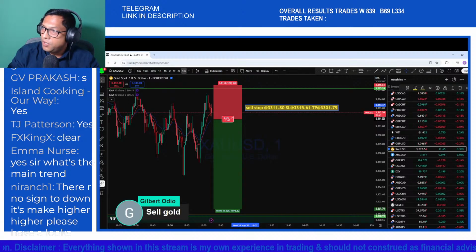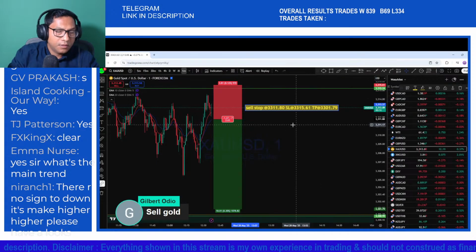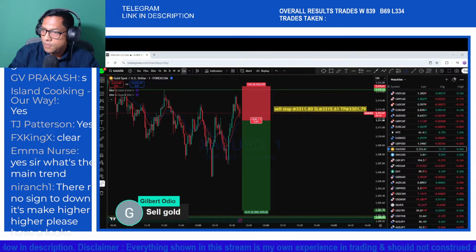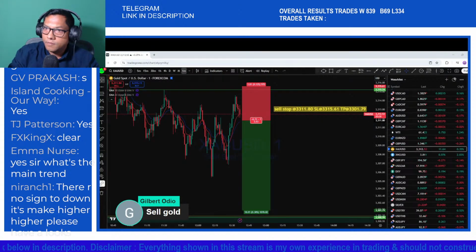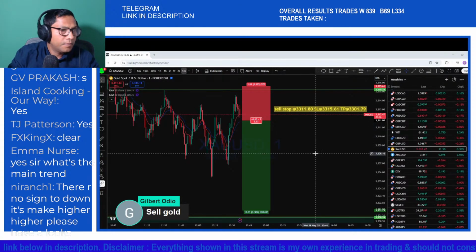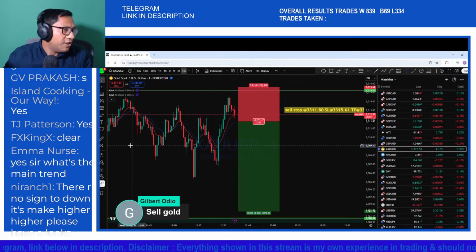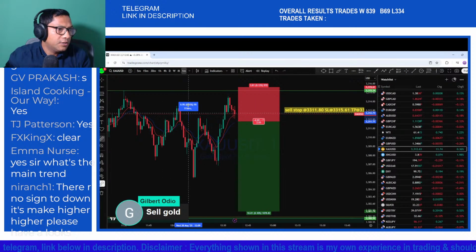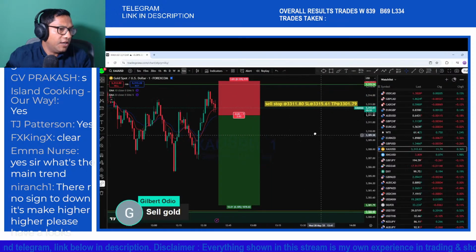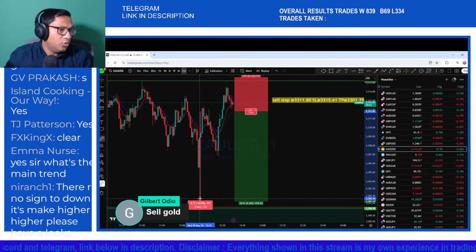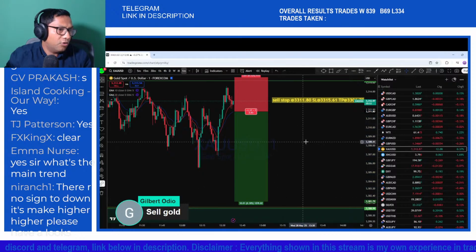If the price breaks below, we will be on the trade. The stop loss here on this trade is very tight, only 38 pip stop loss. If the market comes down here, we will be up almost 100 pips.